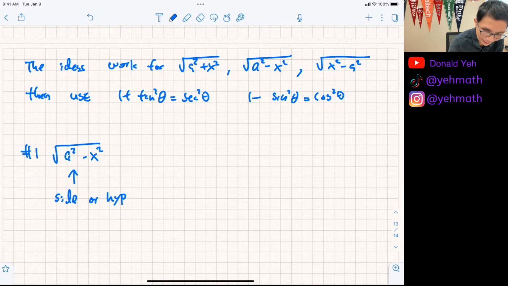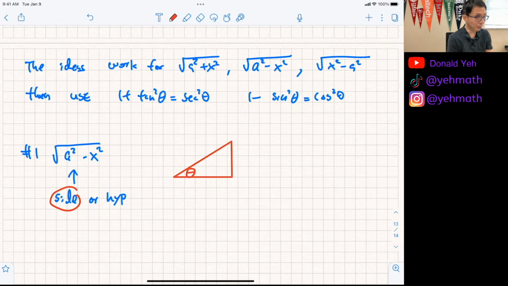Now, here's the thing. If I say this one is theta, which side would it be, the bottom or the right? Remember, we have to write down the triangle, and I always have to do this. If you say this is the side, would it be the vertical one or the horizontal line?